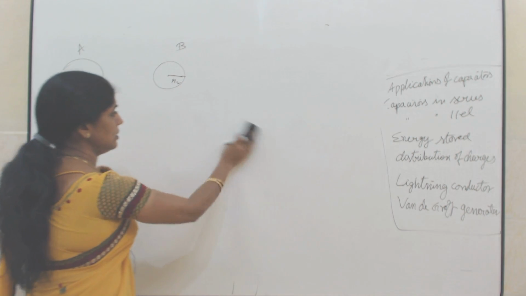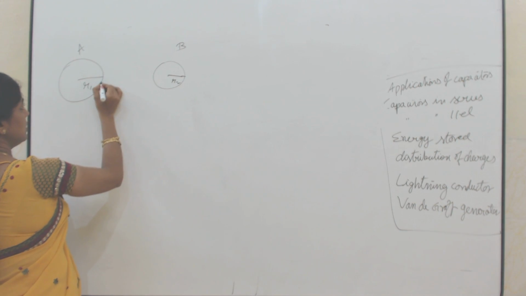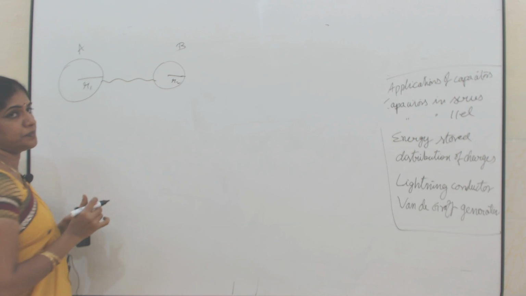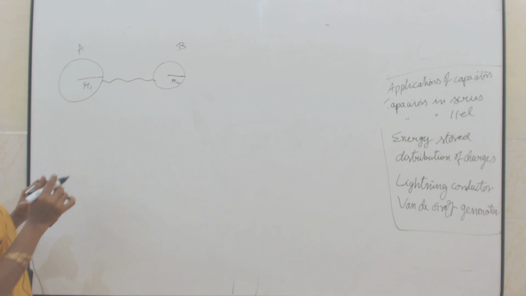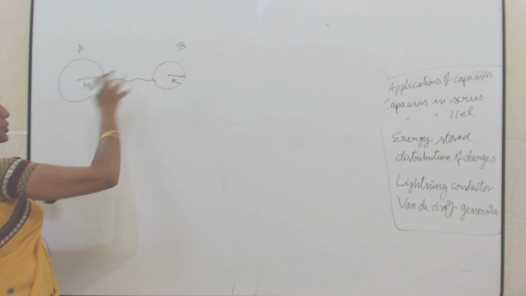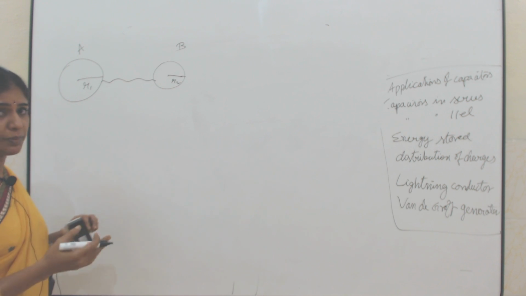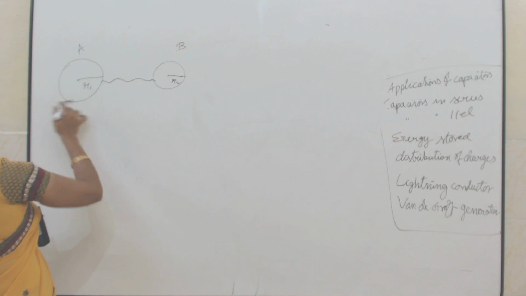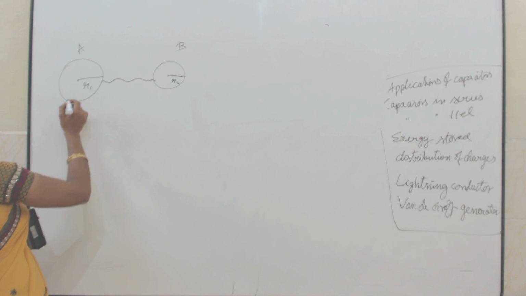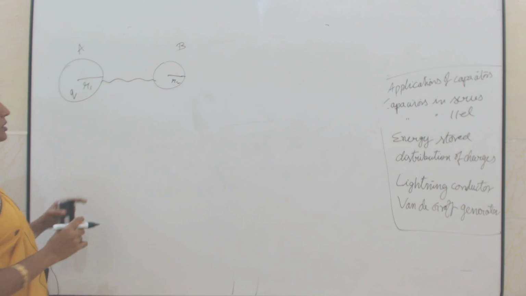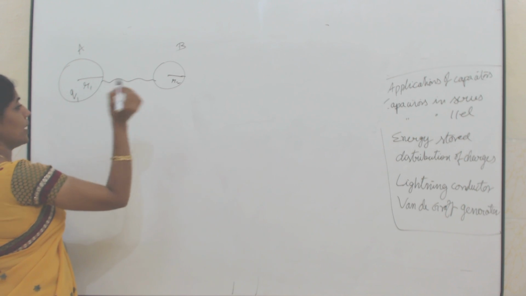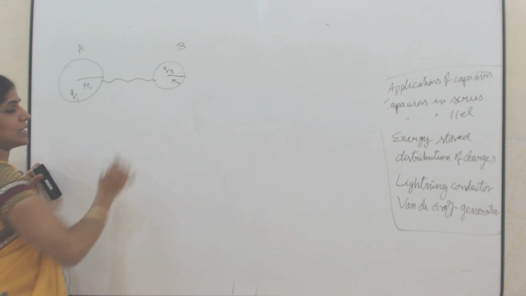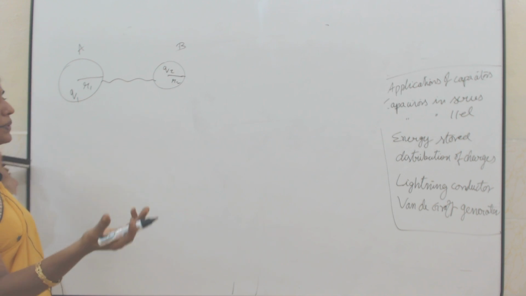These two spheres are connected by a conducting wire. Clear? Now, how will the charges be distributed on these two spheres? Let Q1 be the charge distributed on sphere A and let Q2 be the charge distributed on sphere B.